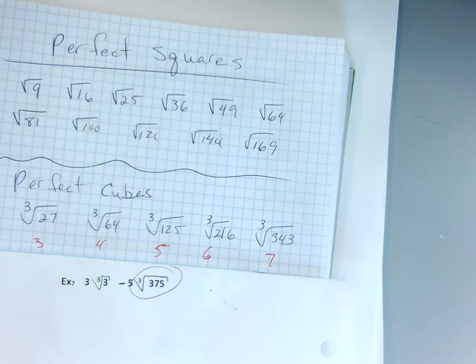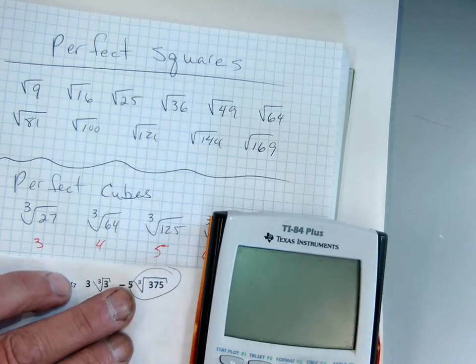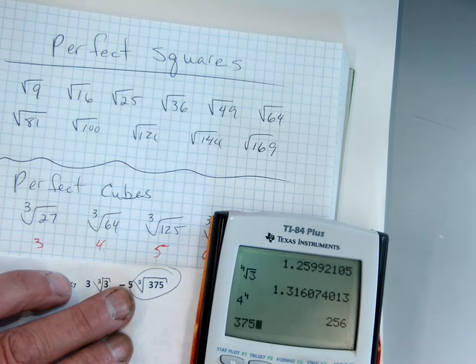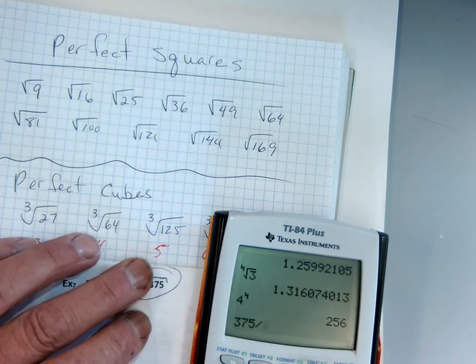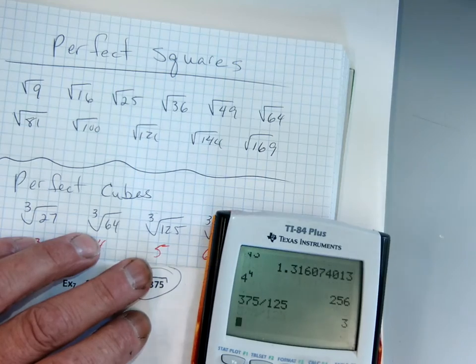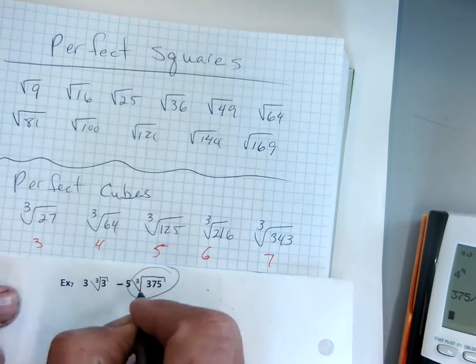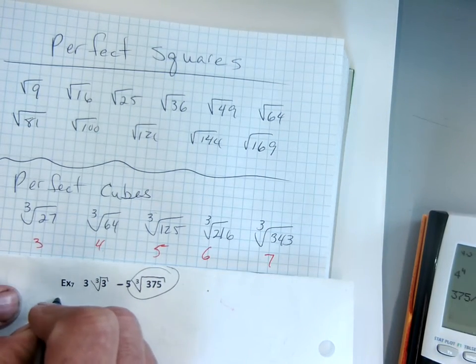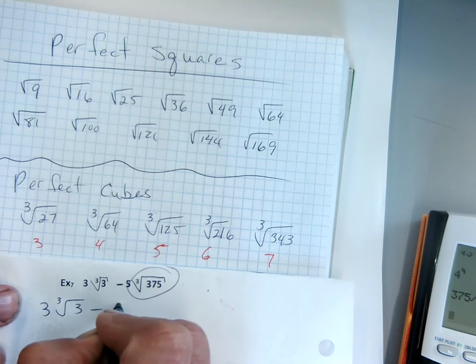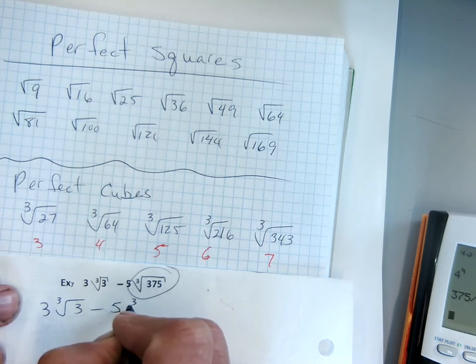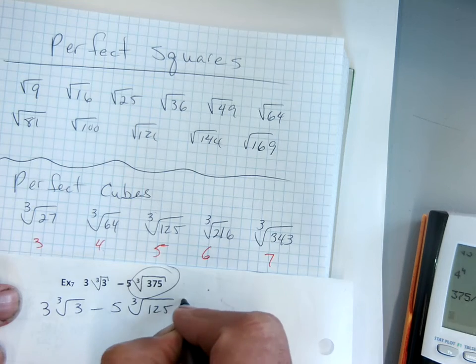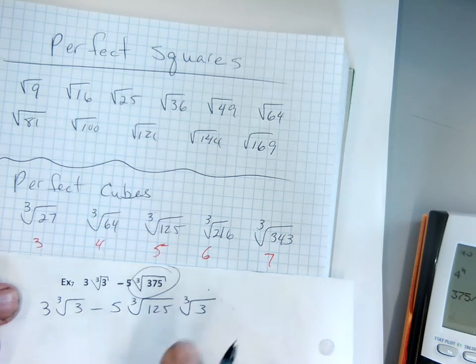Yeah, so let's check it out. If I just go 375 divided by 125, it goes in evenly, 3. So I can do this. I'm going to rewrite this as the cube root of 125 times the cube root of 3.